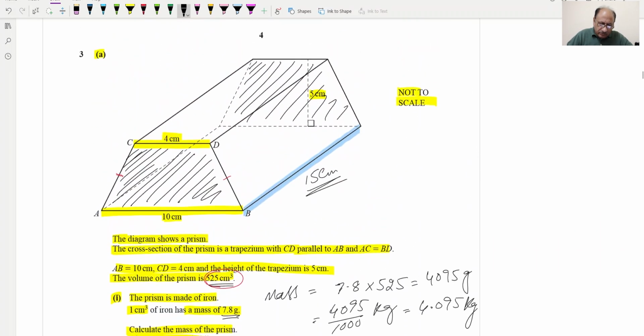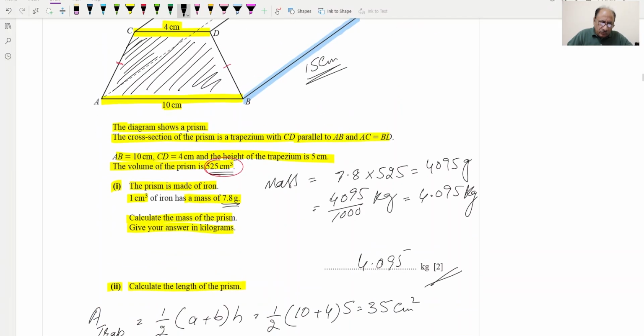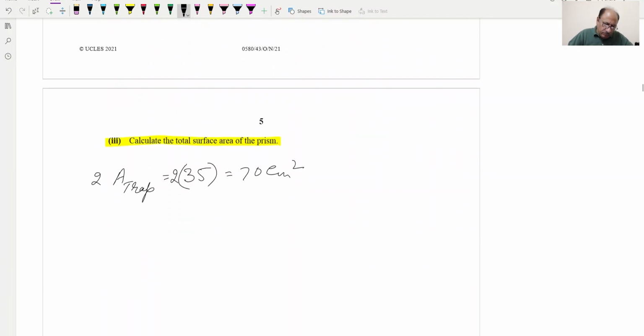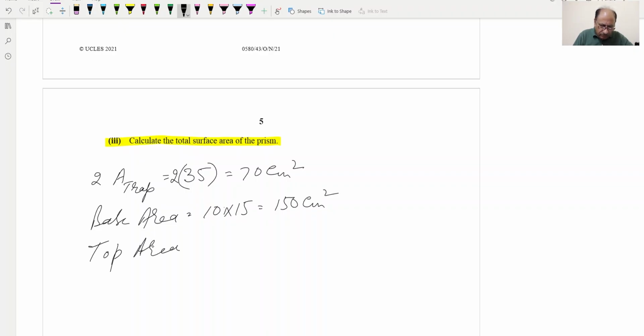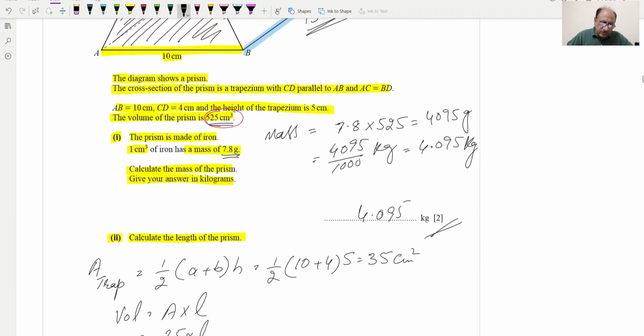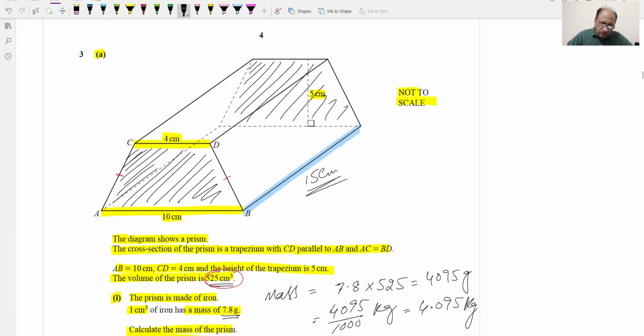Now we have to take the top and base. First, the base area: one side is 10 and the other side is 15, so 10 multiplied by 15 is equal to 150 centimeters squared. The top area is 4 multiplied by the length, which is 15.